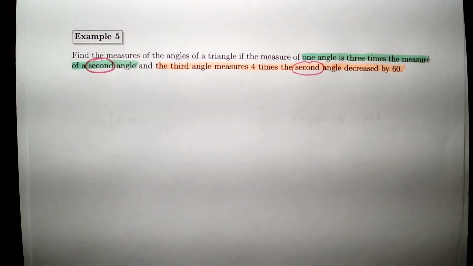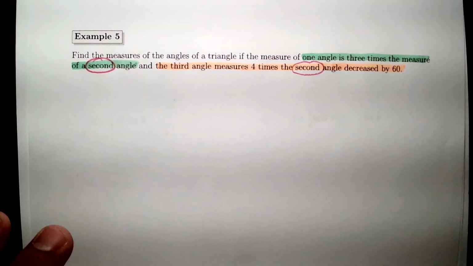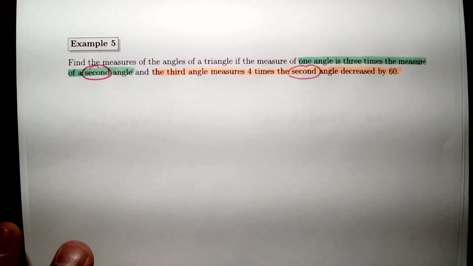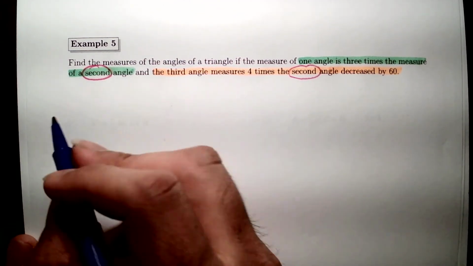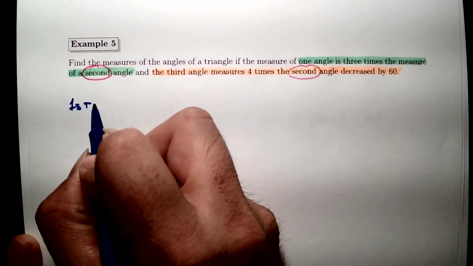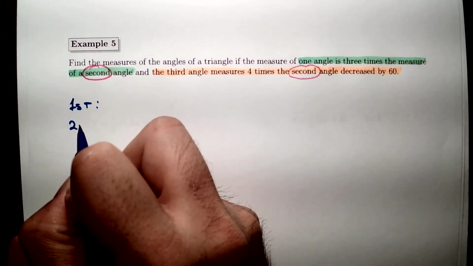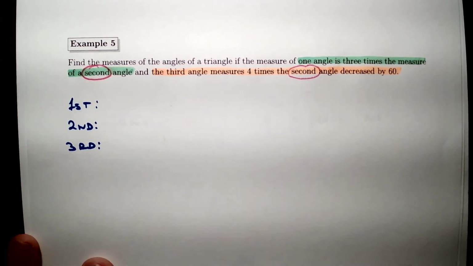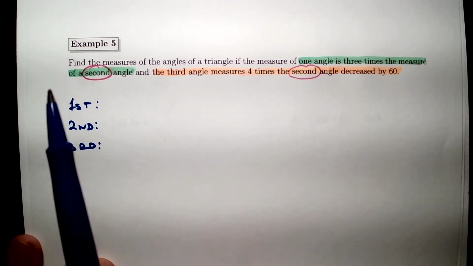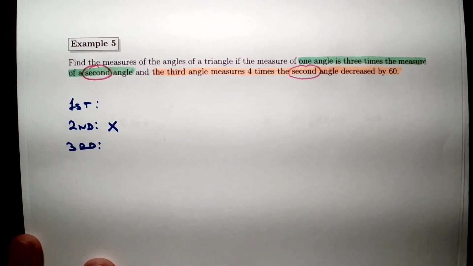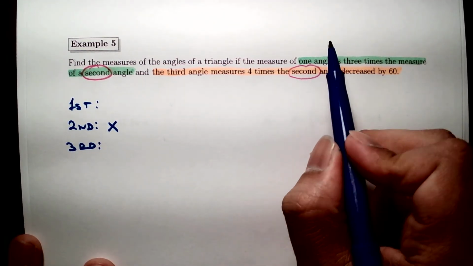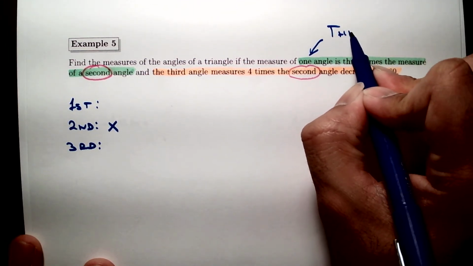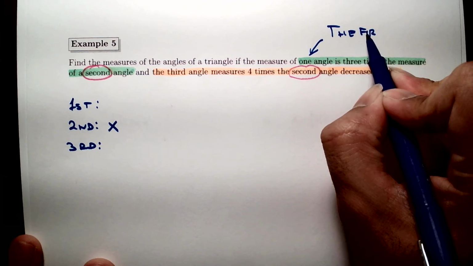All right, so let's set it up the same way we set up the other few problems. First, second, third. Since everything is about the second angle, that's our reference, that's going to be our x. One angle means the first. How do we know that?